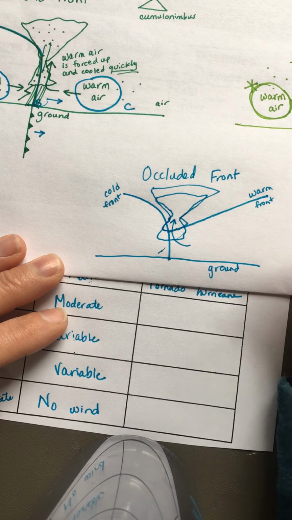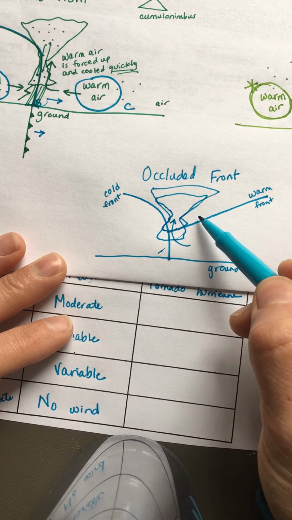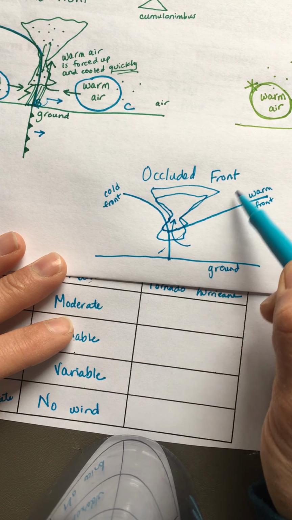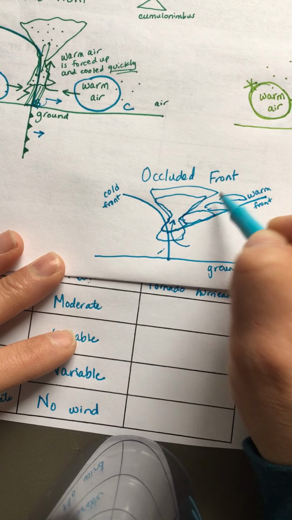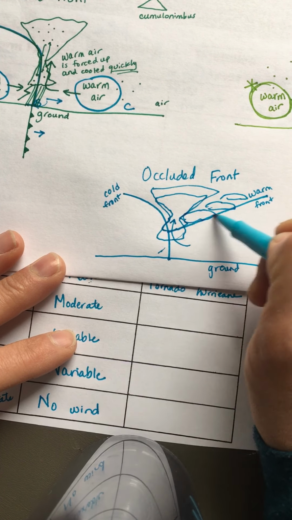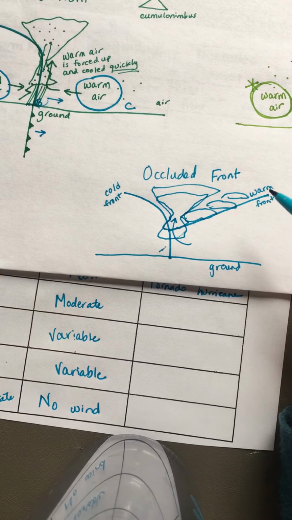And so we have a lot of different clouds that form. We have cumulonimbus, we have nimbostratus, we have altostratus all along this front. So we'd have a whole bunch of different clouds forming all along this wedge of air that's being held up. And that's why it's so extreme.